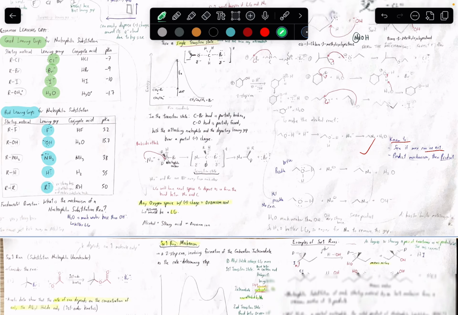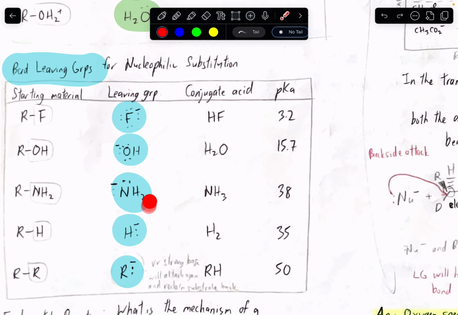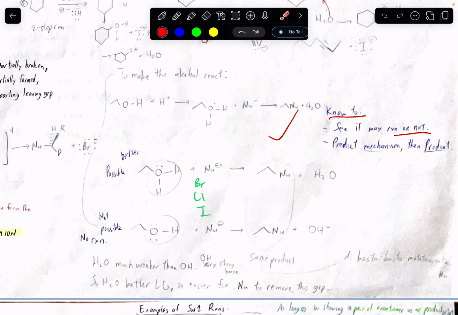Okay, it all goes down to this list again. You have to be familiar. These are the good leaving groups. When you see any of these in a reactant regarding SN2 reaction, you know that it's possible for a reaction to occur. If you see a bad leaving group, basically composed of strong bases, a reaction may not occur.